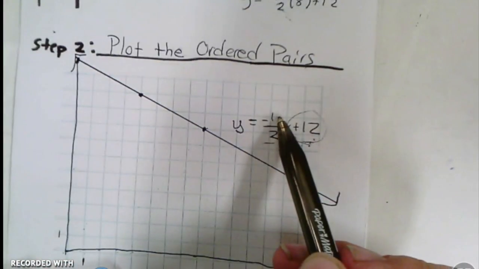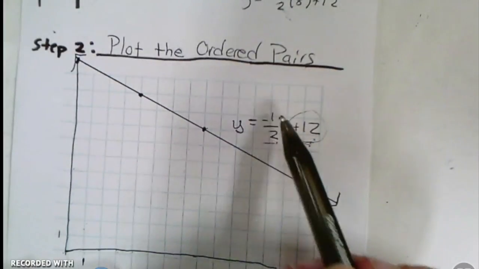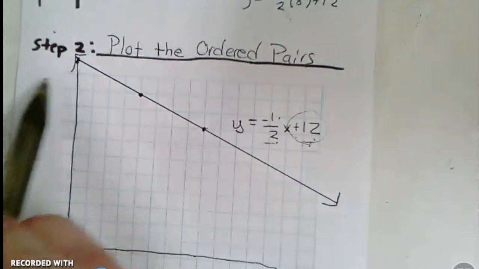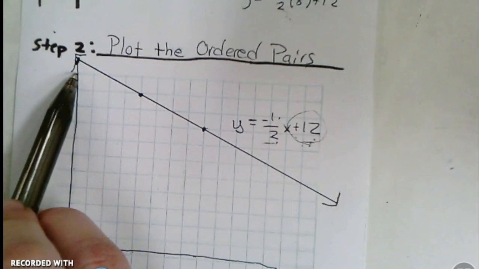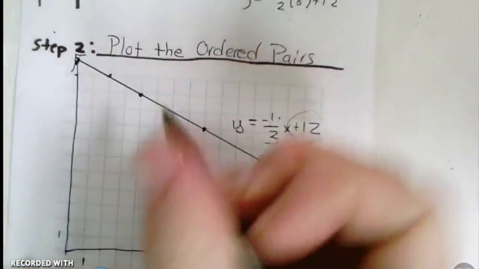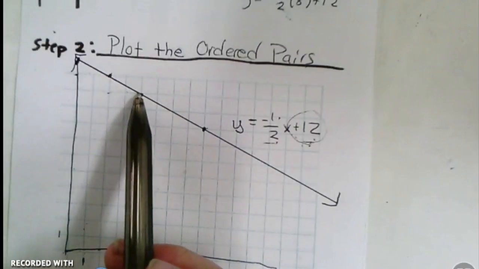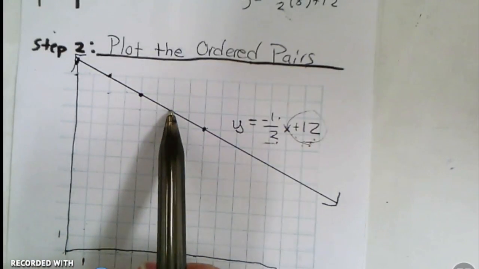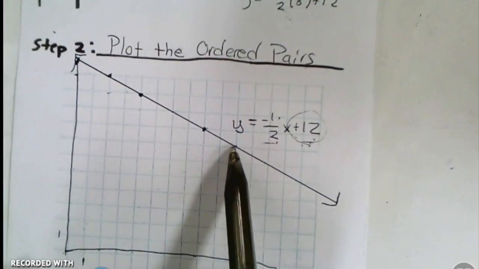And from that point, this is my slope. This is how much we're going to rise, over the run. So I'm rising -1, which means I'm dropping 1, and then I'm running 2 spaces, 1, 2. Every time I do that, I'm going to make a new point on the line. I drop 1, run 2, drop 1, run 2, and notice, I'm back on this line.